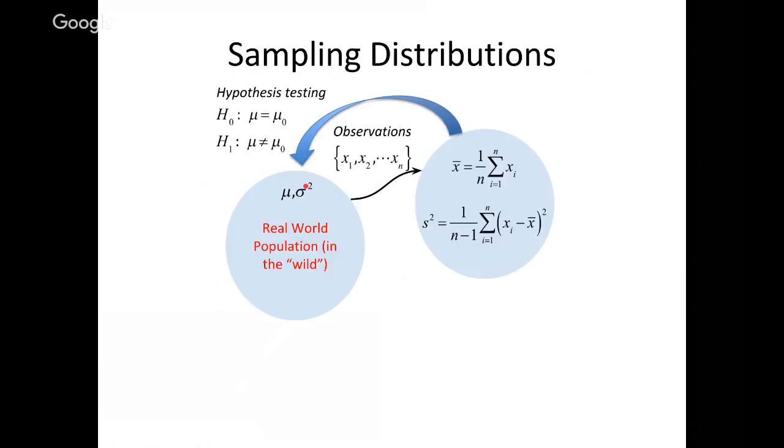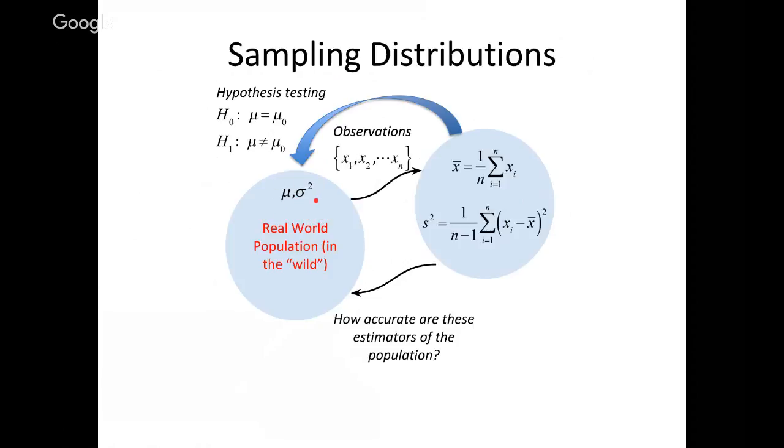So that's the context in which we need some foundational information about how accurate these estimators, the sample mean and sample variance, are of the population mean and the population variance.